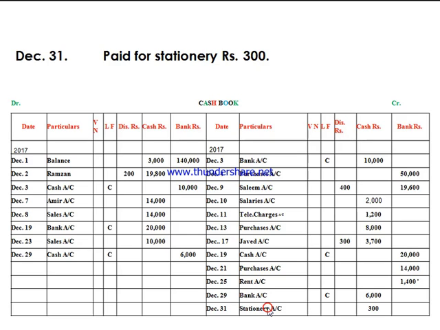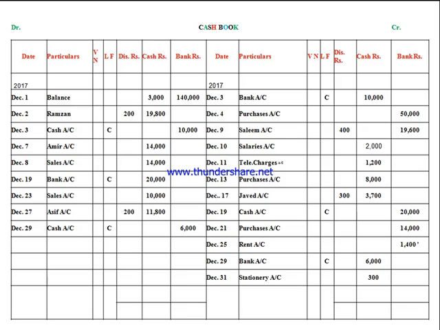So write down in the particular the stationery account and the date column. After all transactions have been completed, your cash book is like this one. Cash book should be shown like this one.